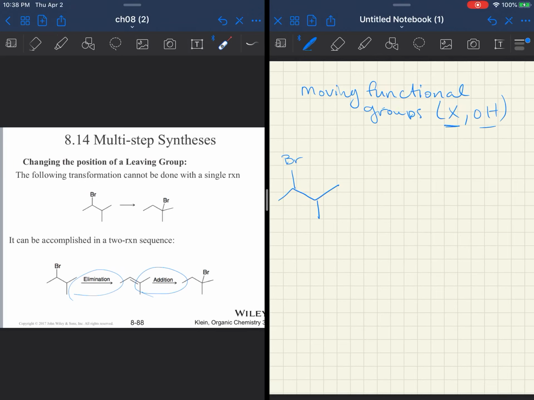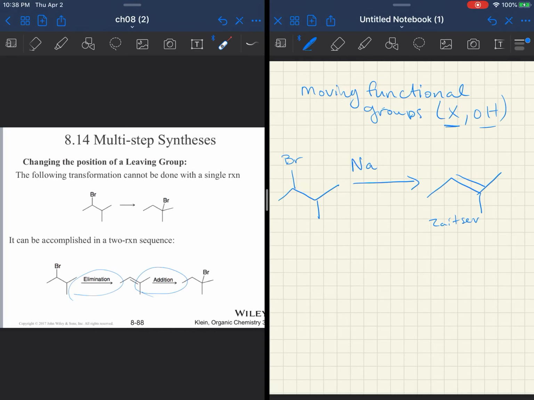We want to go from having the bromine on this second carbon from the left, right? And we want to move it over to the third carbon from the left. So we've got to take it off first. Now, to do that, we need an elimination. You guys have learned all about eliminations in chapter 7, but specifically, if we're trying to move the bromine to the right, we need to eliminate to the right.